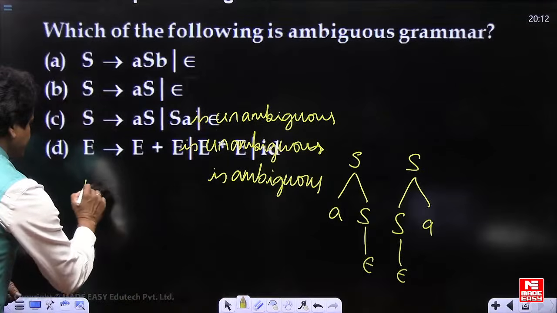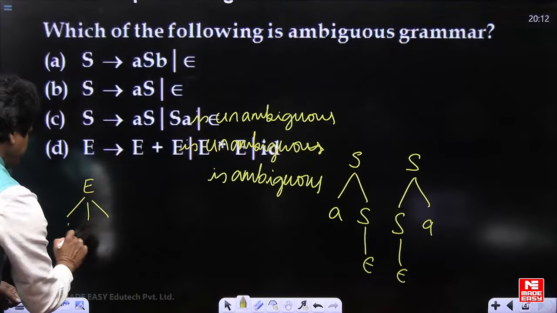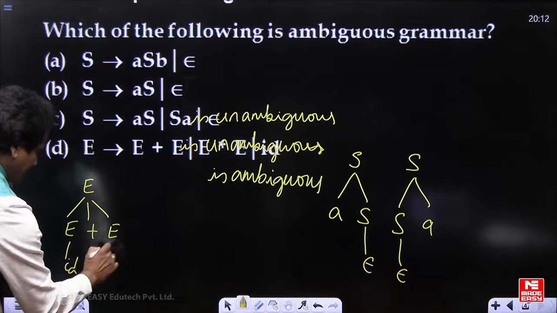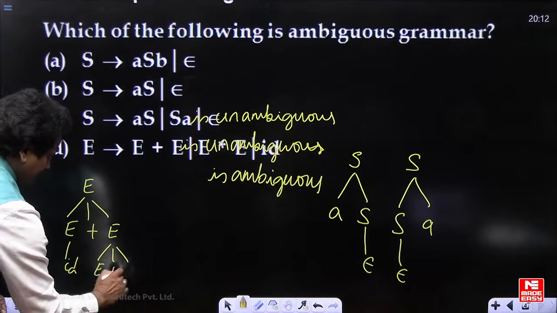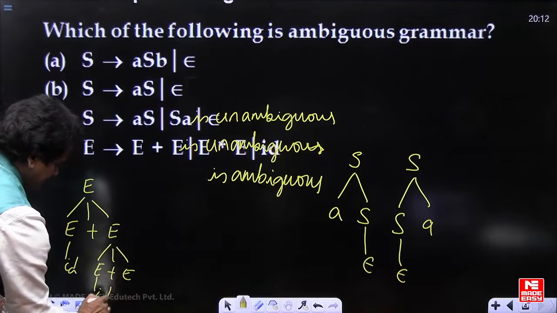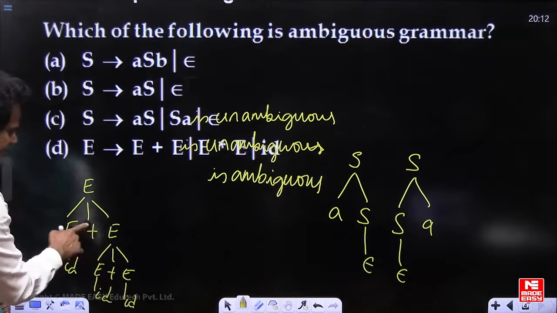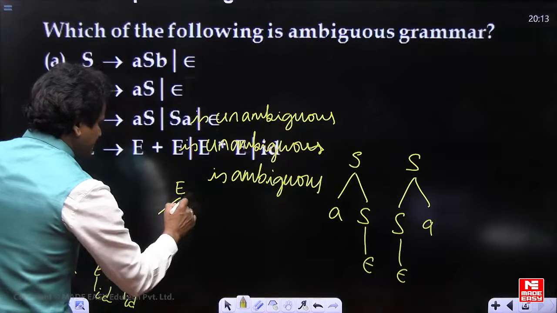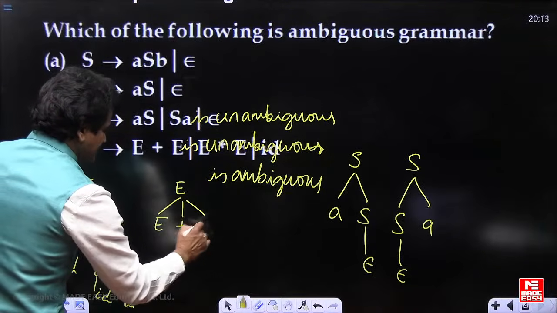And coming to this one, E derives E plus E. E derives E plus E. Here I take ID, and here also E derives E plus E, and E derives ID, E derives ID. So what is the string? ID plus ID plus ID, and the same string can have a parse tree like this.